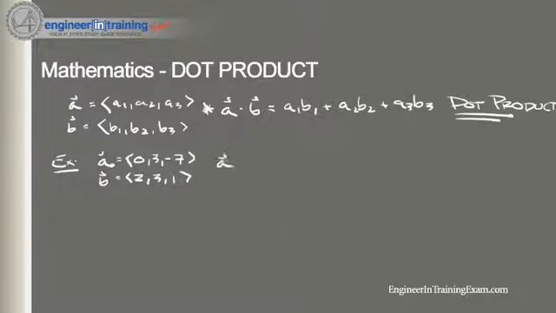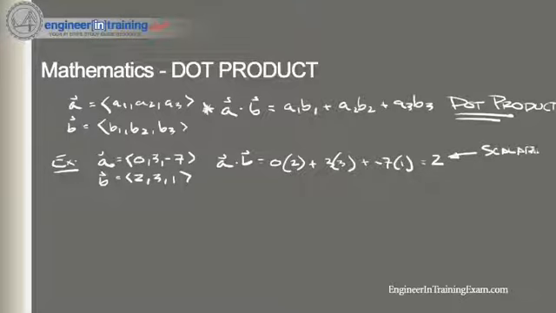So the dot product of both of these two vectors would be 0 times 2 plus 3 times 3 plus negative 7 times 1, which equals 2. So as you can see, the result of a dot product is a scalar. It's a single number. So remember that.